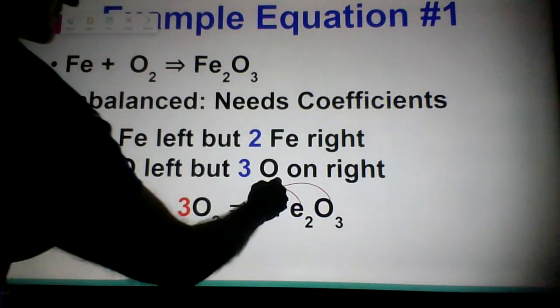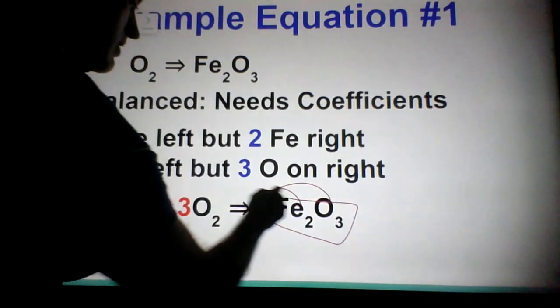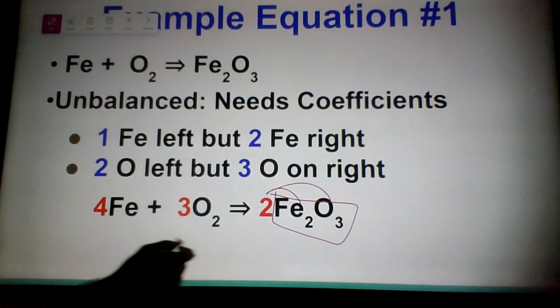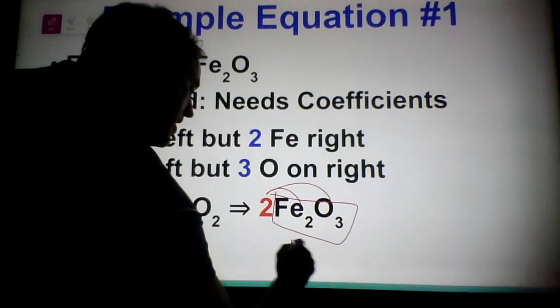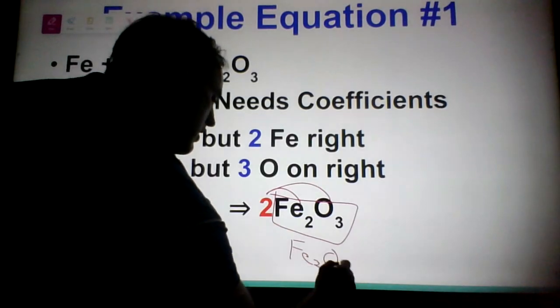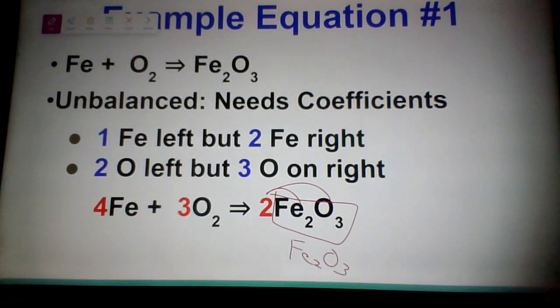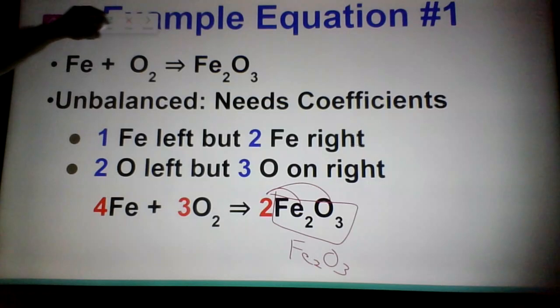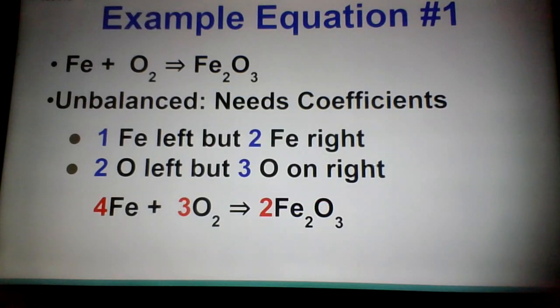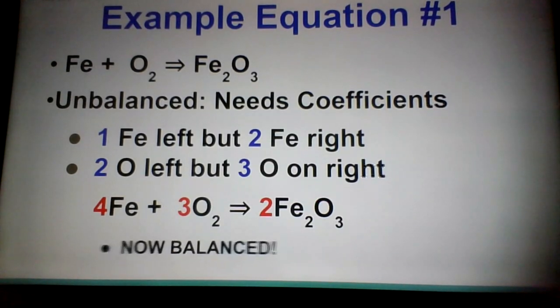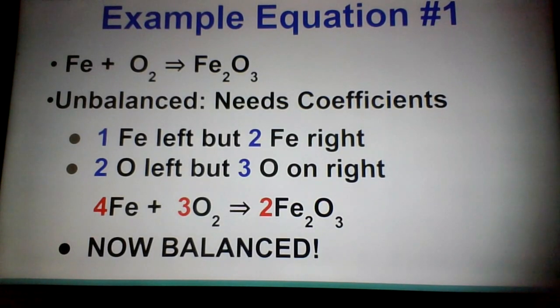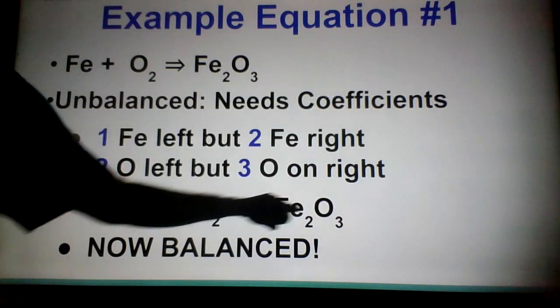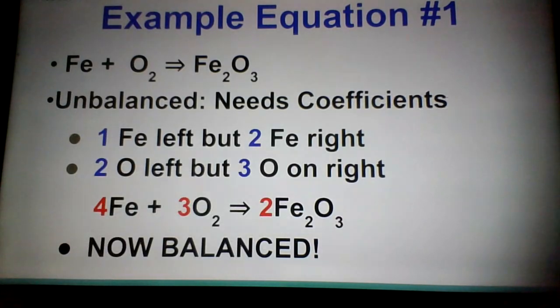And that's because it's this molecule right here, and we have 2 of those. So what we really have is Fe2O3 and another Fe2O3. That's why we get 4 irons and 6 oxygens over here. It does take some practice and some getting used to. This is now balanced. We start with and end with the same number of each atom, just rearranged.